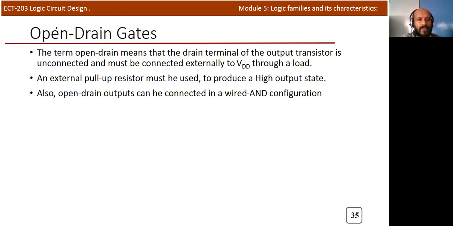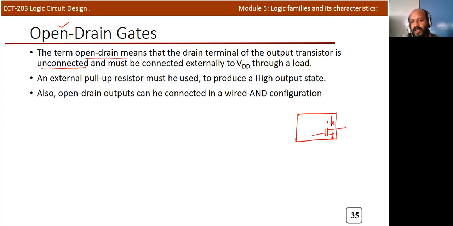One concept is known as the open drain configuration. The term open drain actually means that the drain terminal of the output transistor is unconnected and must be connected externally to VDD through a load. If you buy any open drain type CMOS logic family, the output terminal of this particular transistor is unconnected.